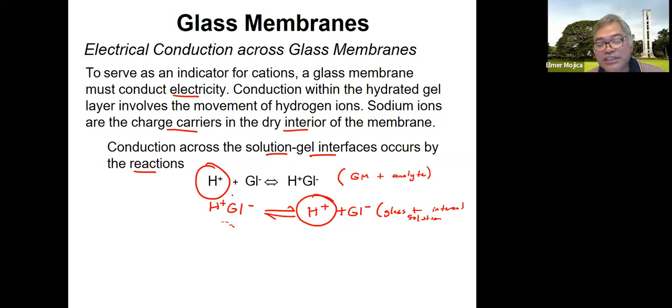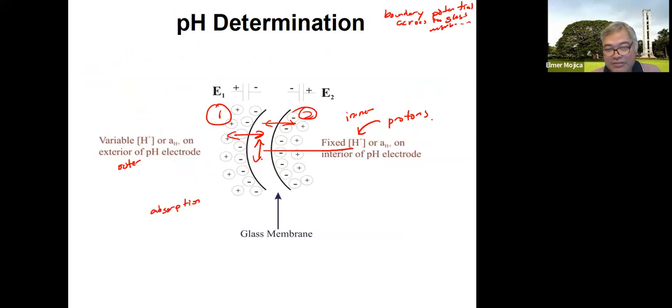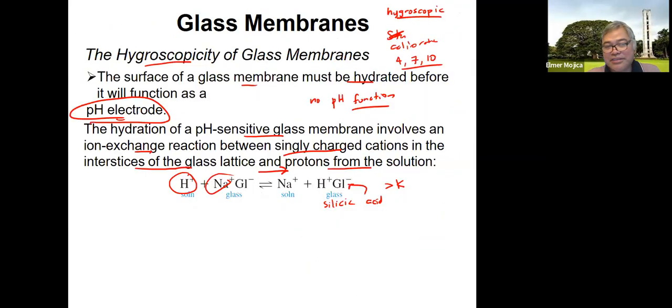So this potential difference serves as the analytical parameter in potentiometric measurements of the pH with the membrane electrode. So yung potential na nag-rise up dito between the difference of the H plus here and the H plus here, that's the one that will tell you what the pH measurement is.